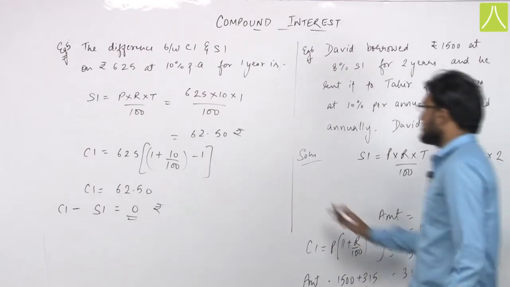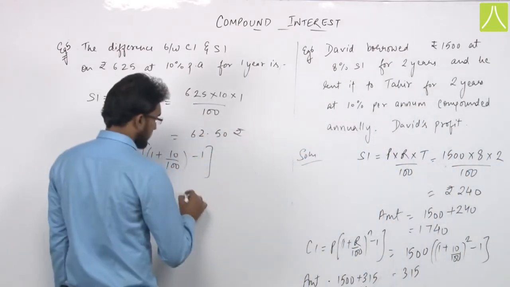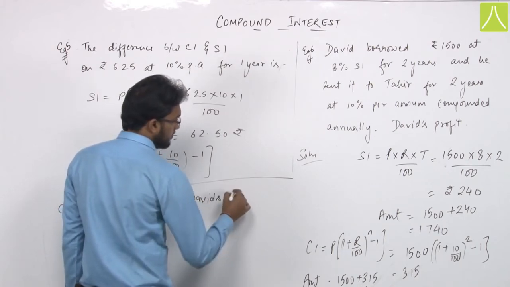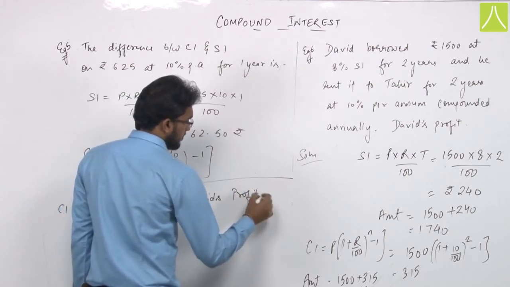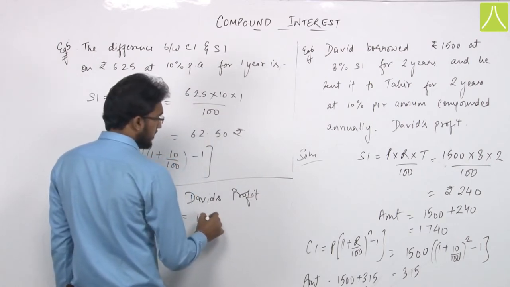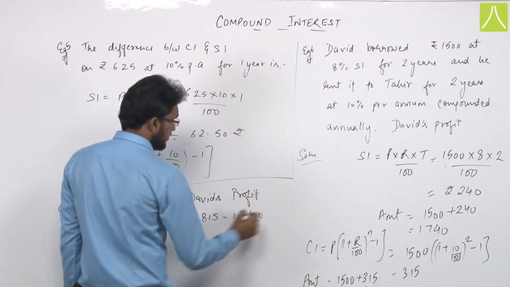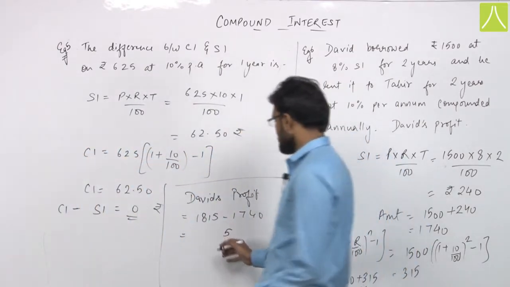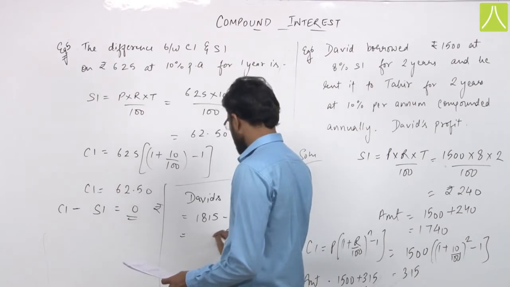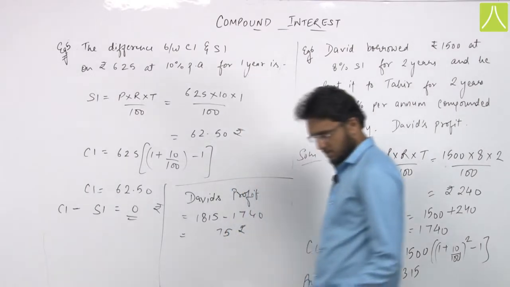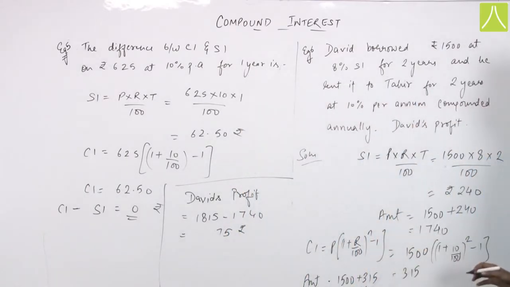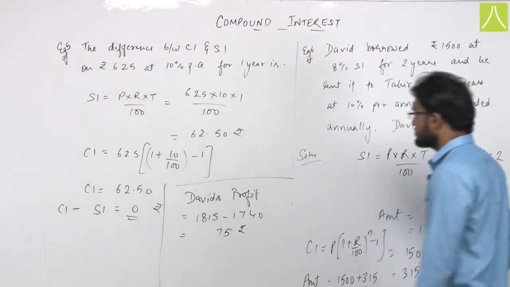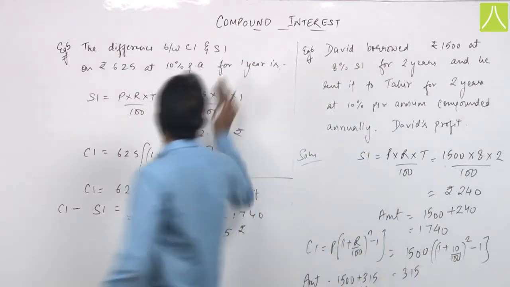Hence, David's profit will be equal to 1815 minus 1740, which is equal to 75 rupees only. Hence, in the whole transaction between the simple interest and the compound interest, David's profit will be 75 rupees only.